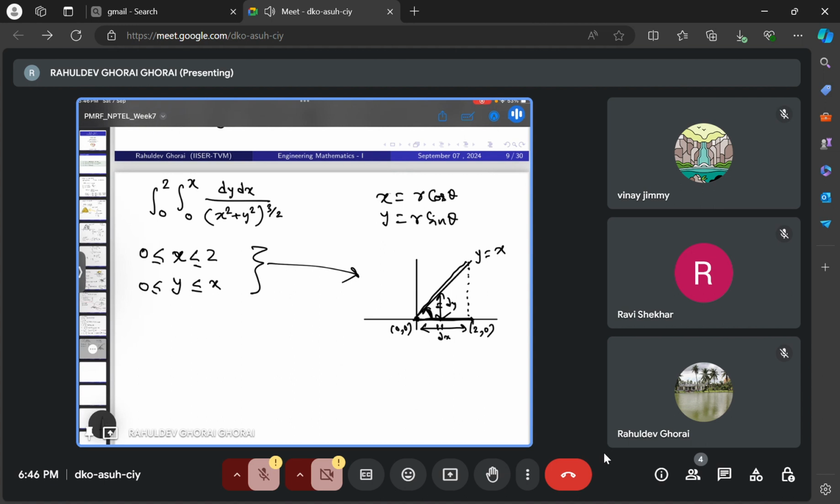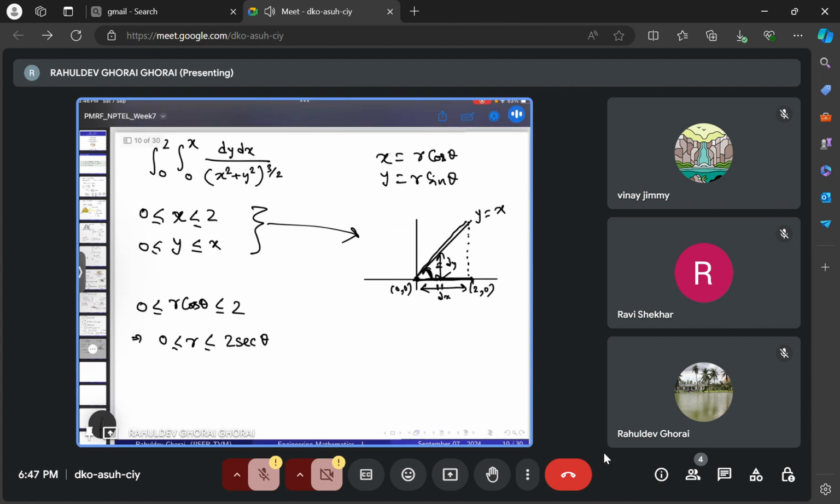If you see, r has to lie on this curve, y is equal to x, and x runs from 0 to 2. So x equal to r cos theta, so r cos theta has to run from 0 to 2. That's why r has to run from 0 to 2 secant theta.